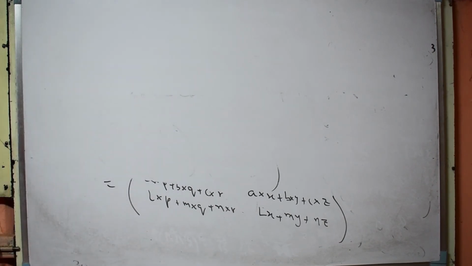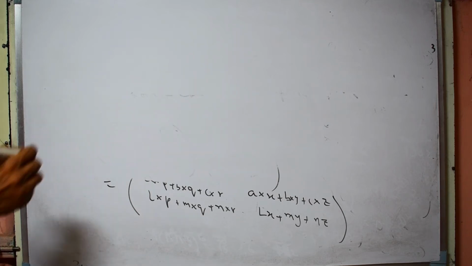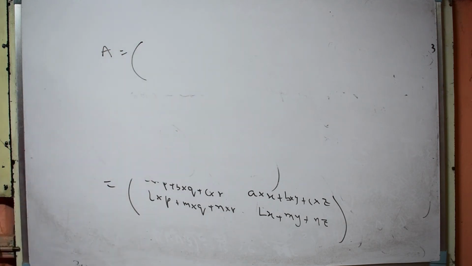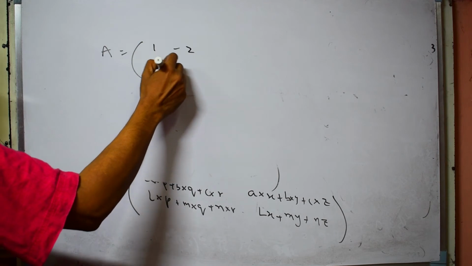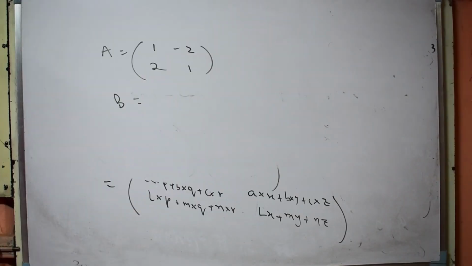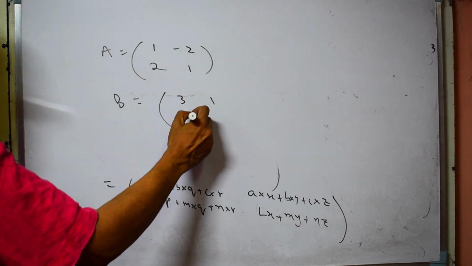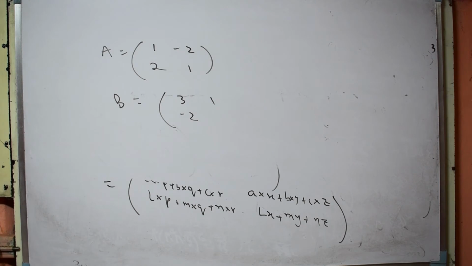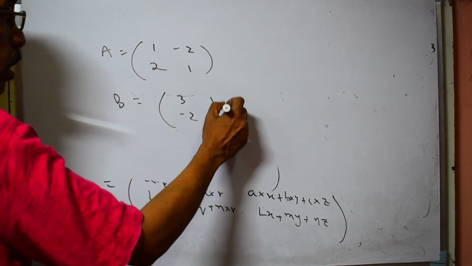So we can have an example. If I have matrix A and matrix B given, A is like this, a short example. A is 1, minus 2, 2, 1, and B is another matrix, that is 3, 1, minus 2 and minus 1.